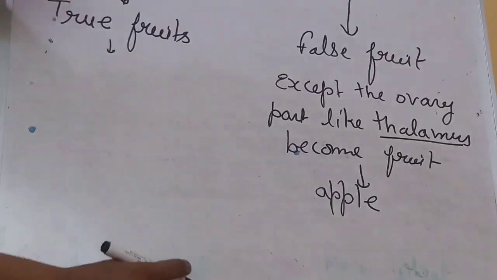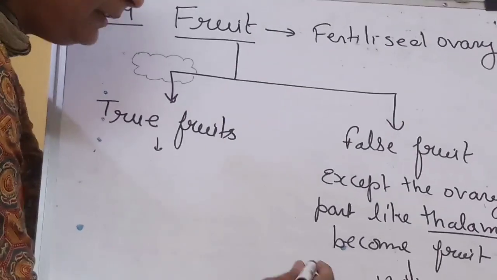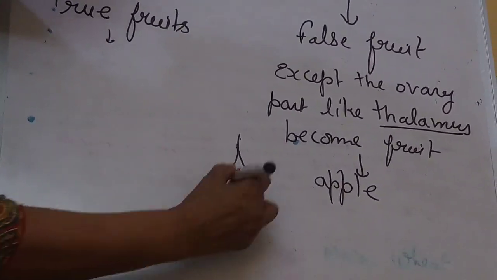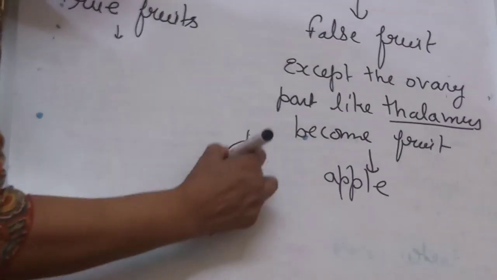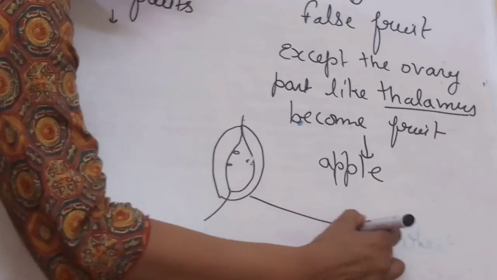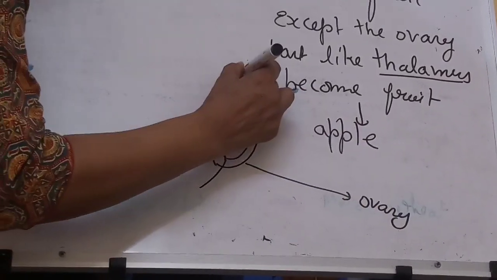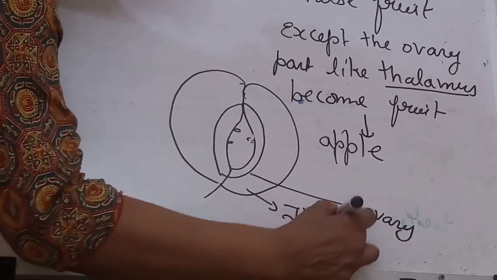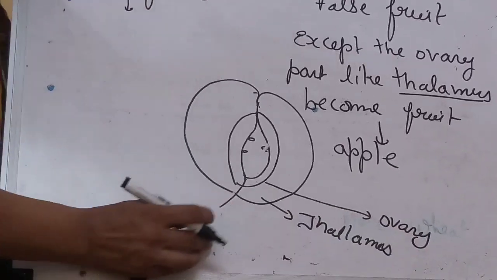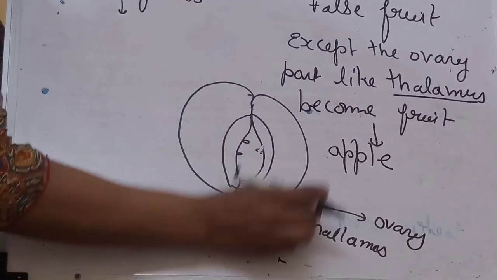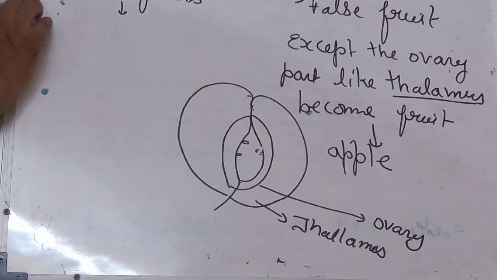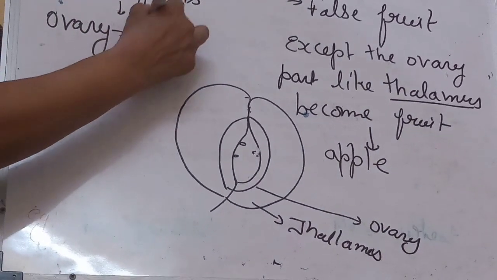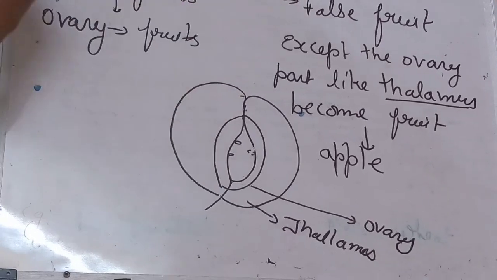I think everyone knows the apple. This part is exactly the ovary, and what you are eating is the thalamus. So this fruit developed from the thalamus, that's why it's a false fruit. Got it? In true fruits, only the ovary part develops into fruit.